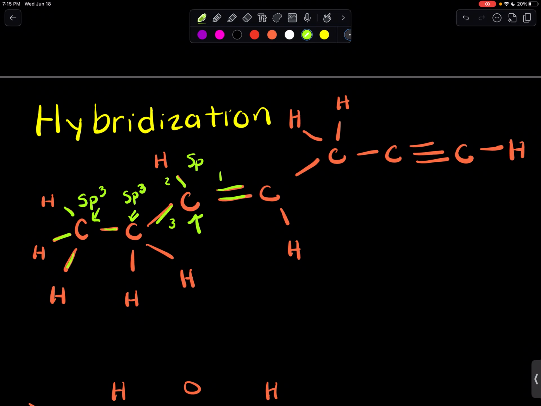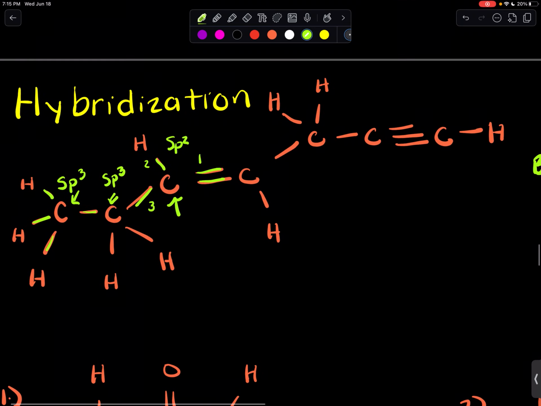This would be sp2. Okay? So we know that this carbon is the same as this carbon because it's a carbon that has a double bond and 2 other single bonds. So this counts as 1, this counts as 1, and this counts as 1. You knock it down 1, so these 2 carbons are sp2.